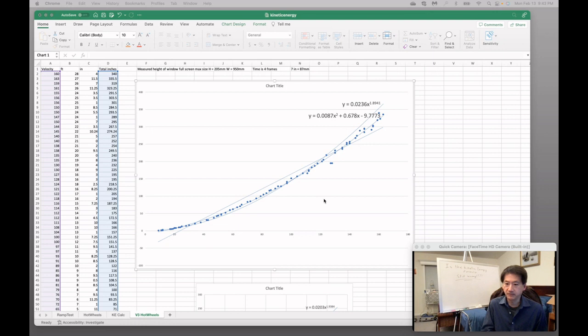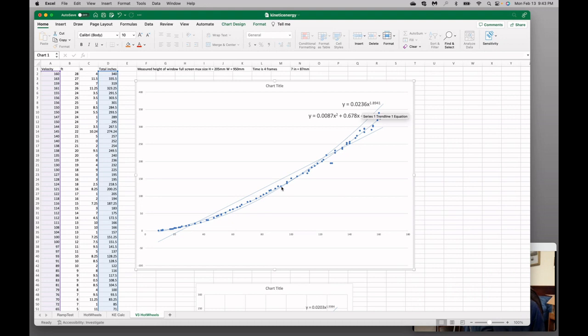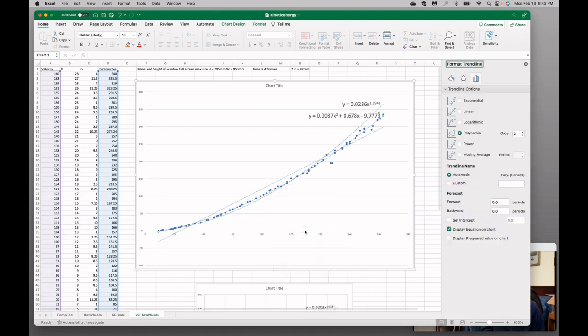Now, I did get a very handy hint from Minty Mints. He said that if you have an XY scatter plot like this, you can have Excel actually figure out a matching formula for it. So I can just hover over one of these data points here, and it'll say format trend line.